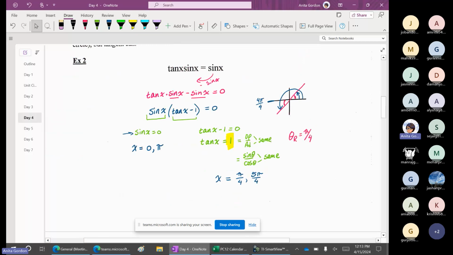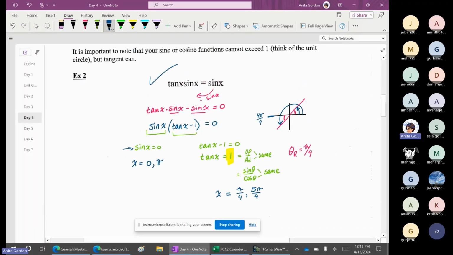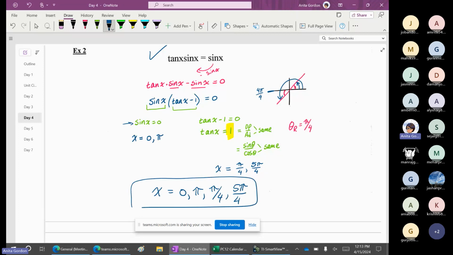Okay, so here now is my final solution. What makes this true? It is true when x is 0, pi, pi by 4, or 5 pi by 4. There are 4 possibilities that make this true.